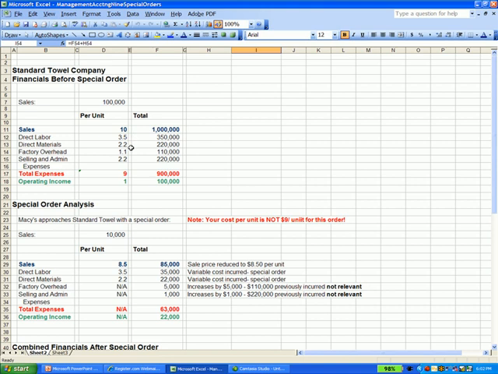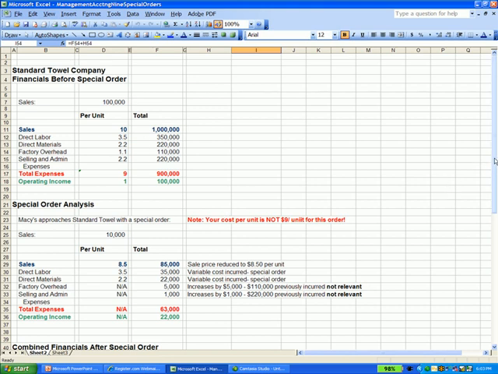Materials, probably cotton and other materials, $2.20. Factory overhead, $1.10. Selling and administrative expenses, $2.20. So on a per unit basis, they're selling towels for $10, excuse me, and they have total expenses of $9. They have operating income of $1 a unit, which is $100,000 at 100,000 towels sold.